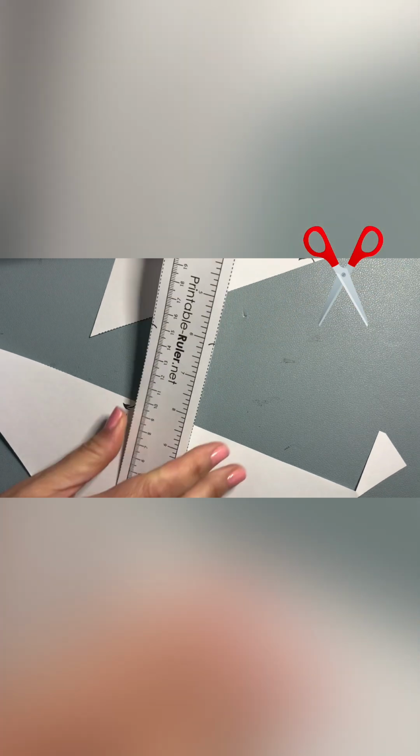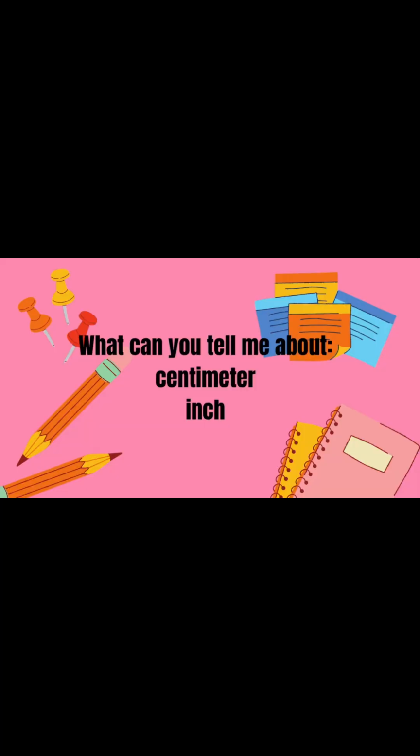The ruler has 2 units of measurement, one being centimeter and one being inch. So talking about units of measurement, I would like you to turn and talk to your partner or write in your journal, what do you know about centimeter and inch?